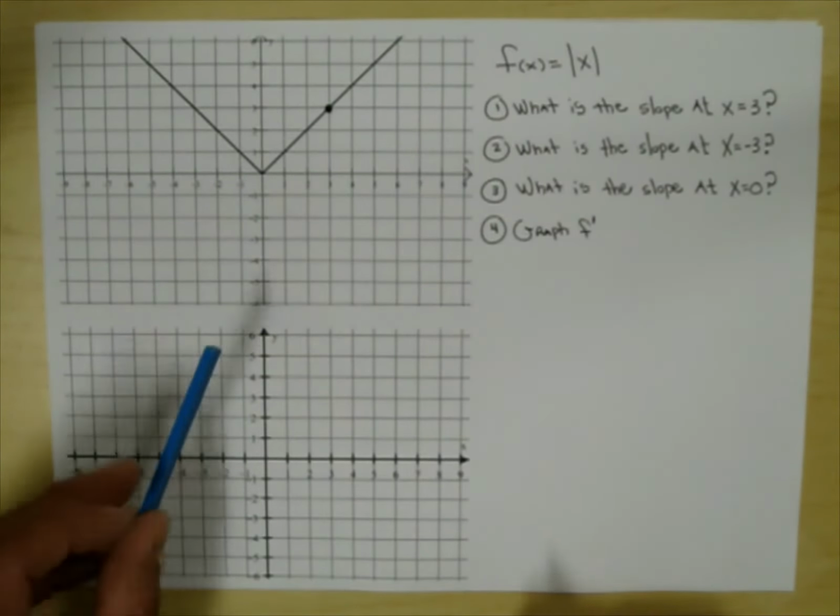Yeah, that's pretty simple because it's right on the line. The tangent line and that line are the same thing. If you do rise over run, 1 over 1, it has a slope of 1.